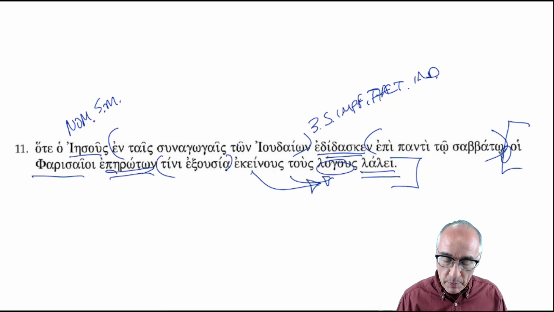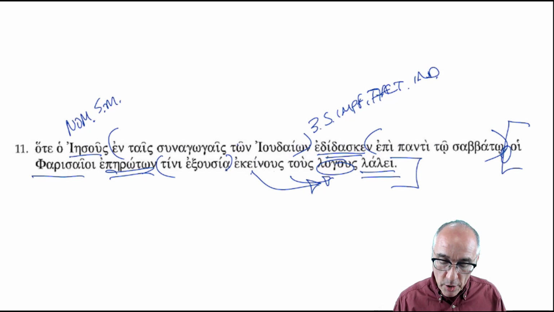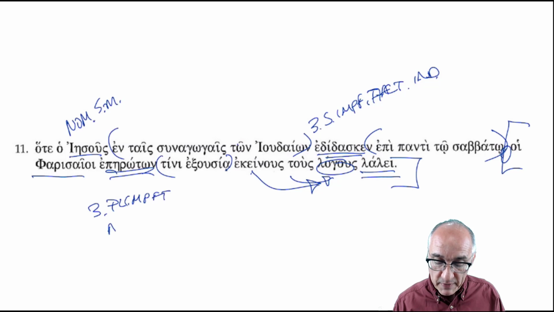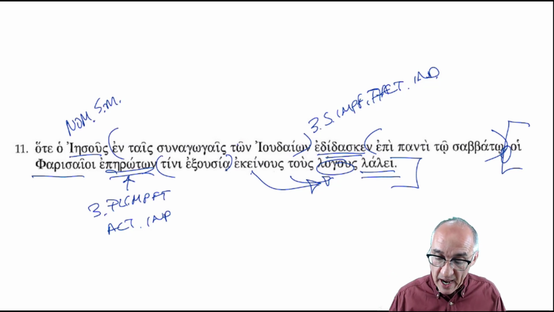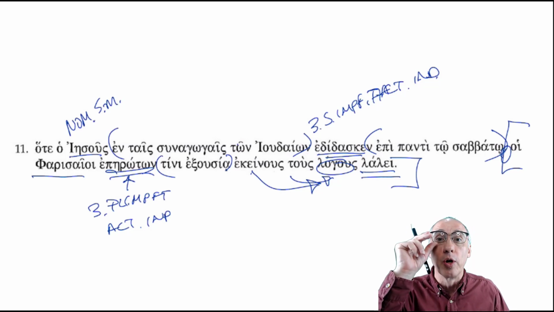Again, we have the imperfect, third person plural, imperfect, active, indicative. They were asking, tini exousia, by what authority? Lale, he was saying, and again, who is he talking about? Jesus was saying all these words.